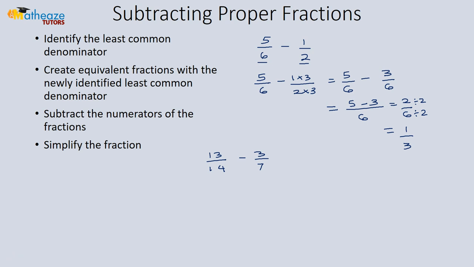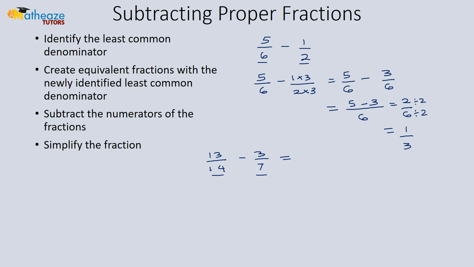So we're going to look at the denominators first. We examine them, we see that they're different, and the first thing we do is identify the least common denominator. 14 is a multiple of 7, so 14 can be our least common denominator. So we're going to multiply, because 7 multiplied by 2 would make us have a common denominator.